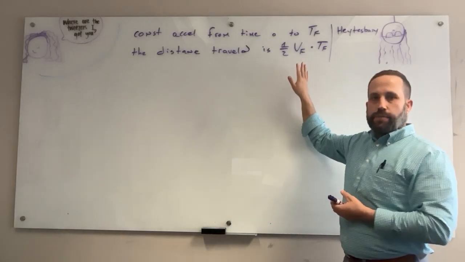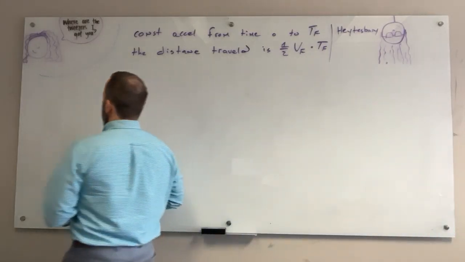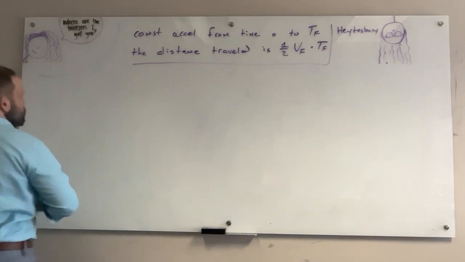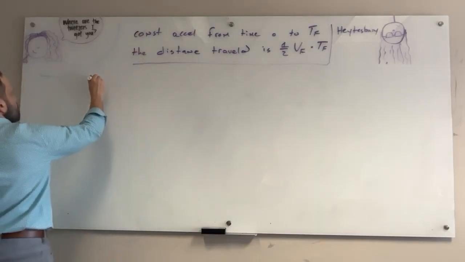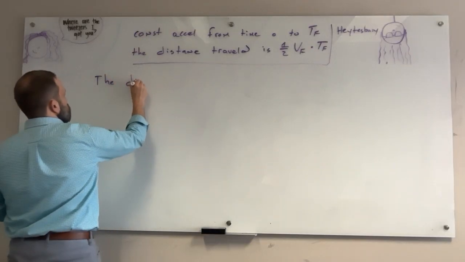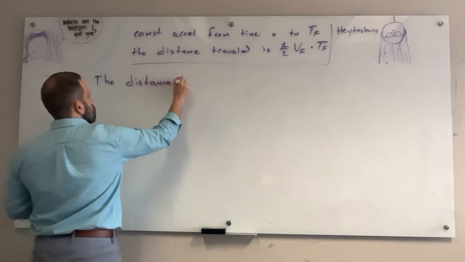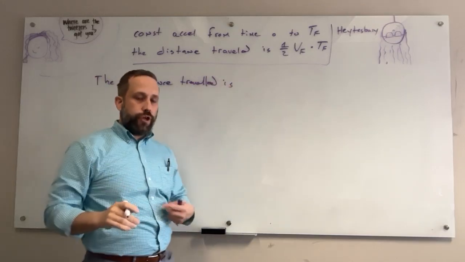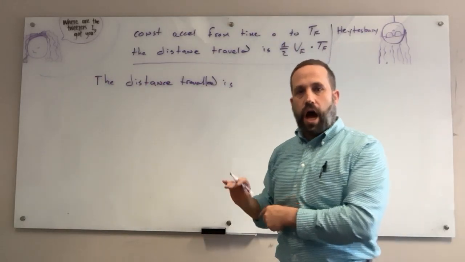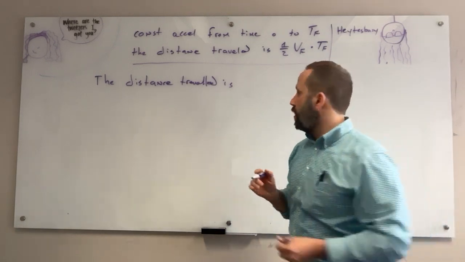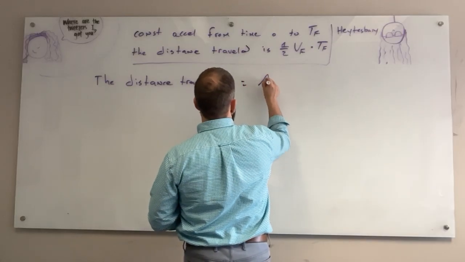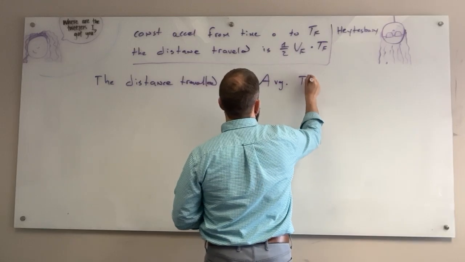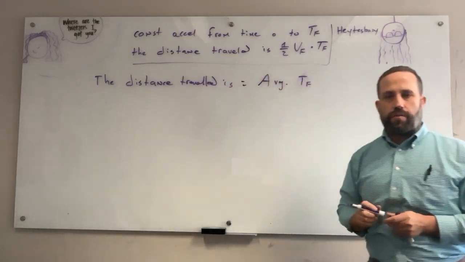So one way to express this, even without referring to the earlier setup: the distance that you travel is going to be equal to your average velocity times the time that you were moving. So it is equal to the average velocity times TF, for T final, assuming we're starting the timer at time t equals 0.